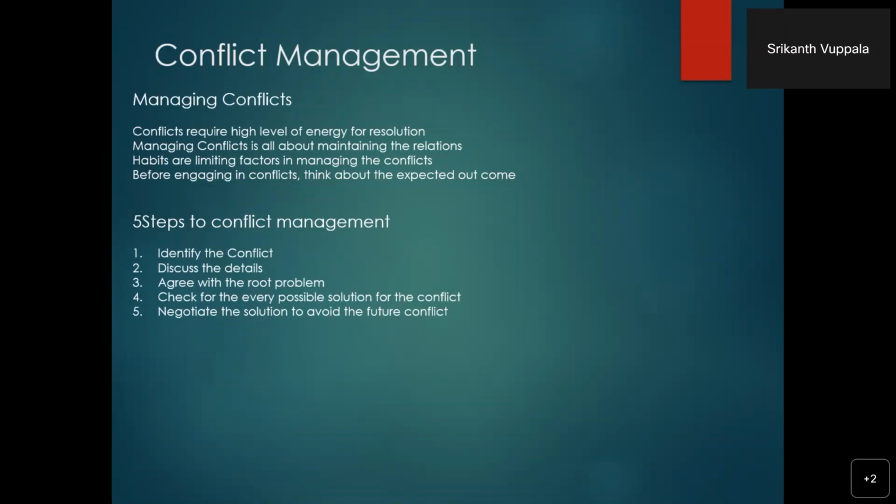For example, if there is a conflict between a developer and a tester on one requirement, they are arguing with each other and they come to you with that conflict. We have to identify why the conflict is occurring.